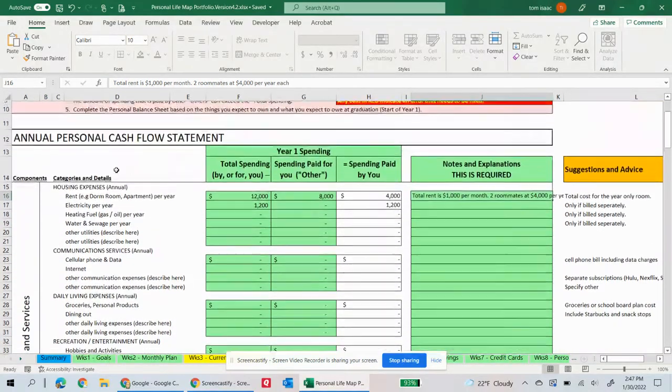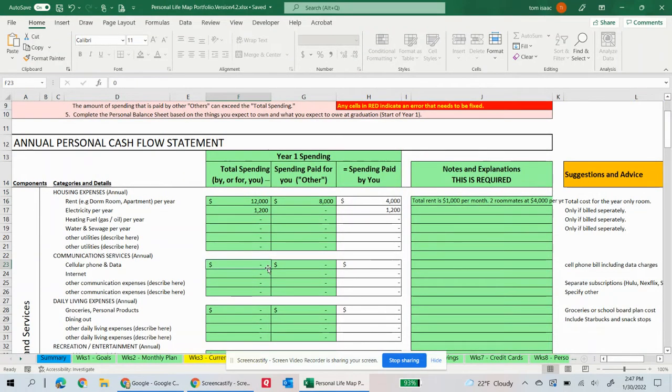Communications expenses is a common one where a lot of people will say, my cell phone is $120 a month, so that's $1,440 per year, but my parents pay all of it. So you can see there's your cell phone, and parents pay all of it.